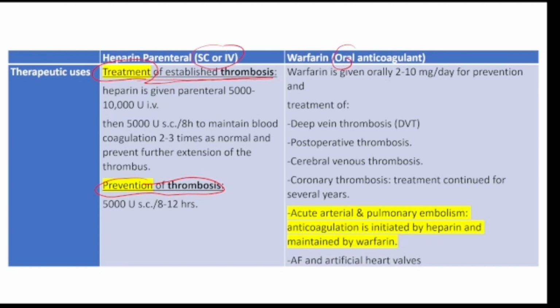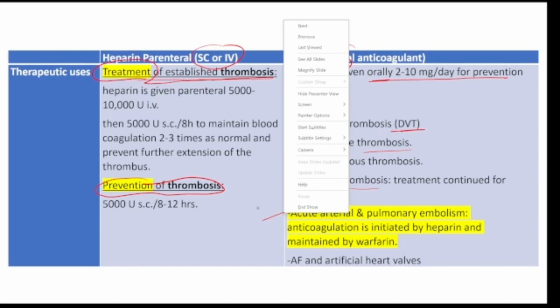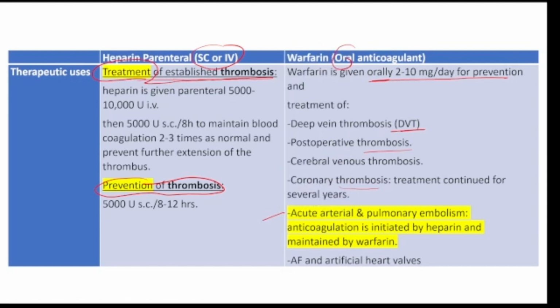Heparin is given for prevention and treatment of deep vein thrombosis, post-operative thrombosis, cerebral venous thrombosis, coronary thrombosis. It could be prescribed as adjunctive therapy for acute arterial pulmonary embolism, and anticoagulation is initiated by heparin and maintained by warfarin.